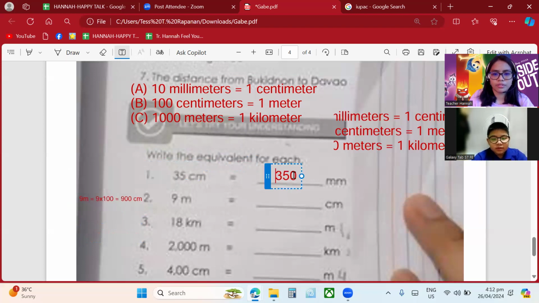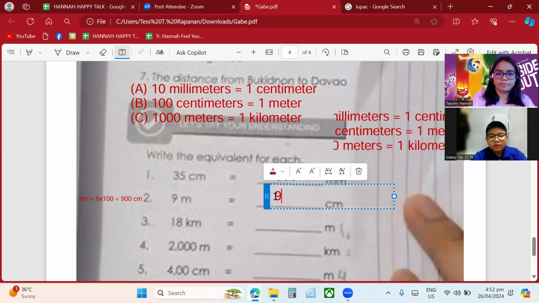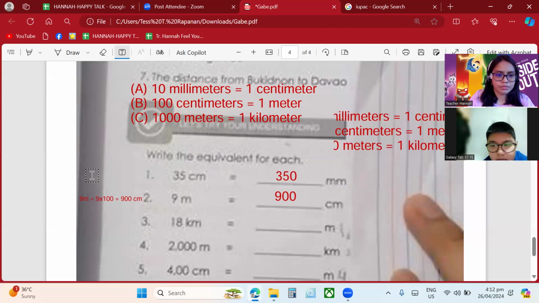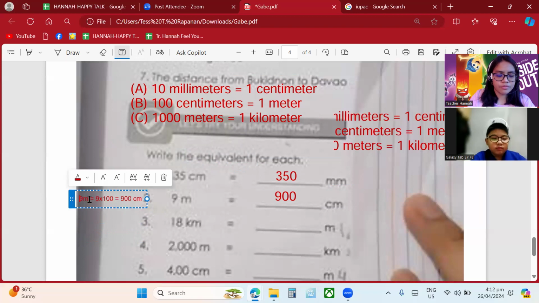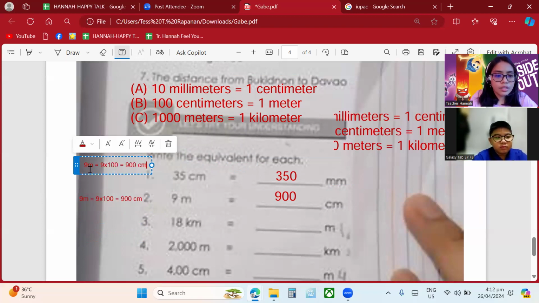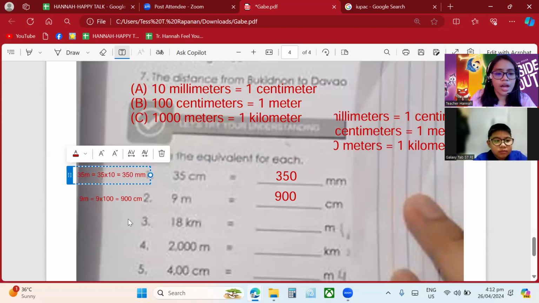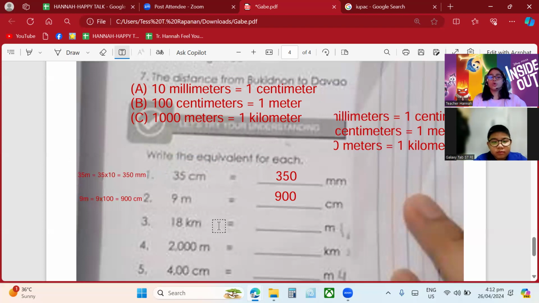Okay, so I will put that right here. Wait, 35 times 10, 350. So I will put this here so that you will have a pattern how we do conversion.